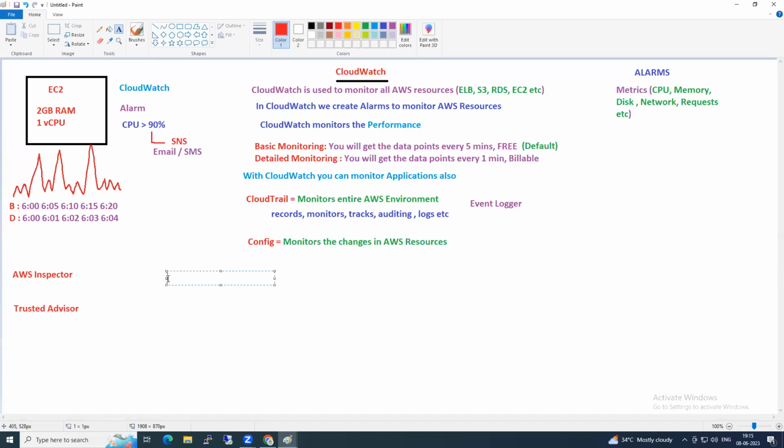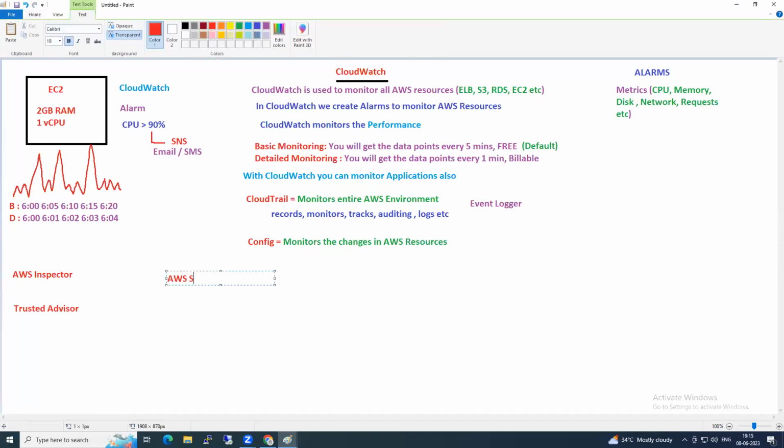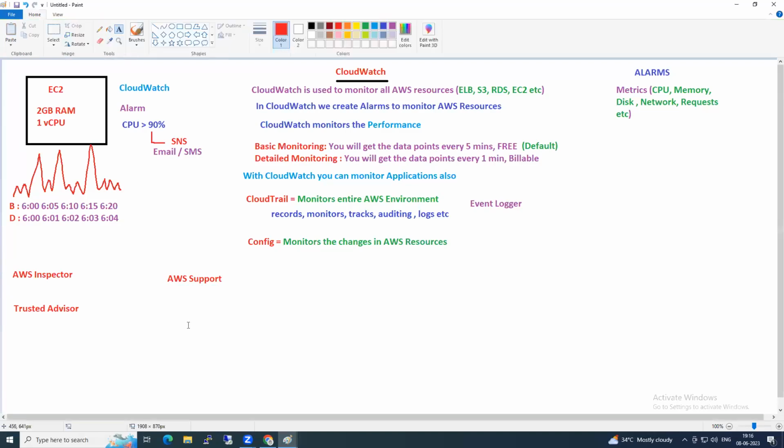Good. So now, guys, we have something called AWS Support. What is that? Let's say, for example, you have an internet issue in your home. You'll raise a complaint to the ISP provider, Airtel or Jio, right? And if you don't have power, you raise a complaint. So for each and every thing, there is a support team.